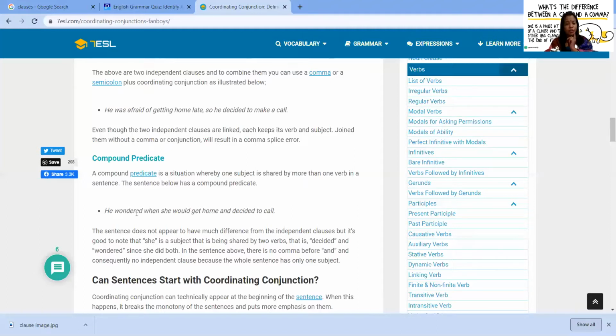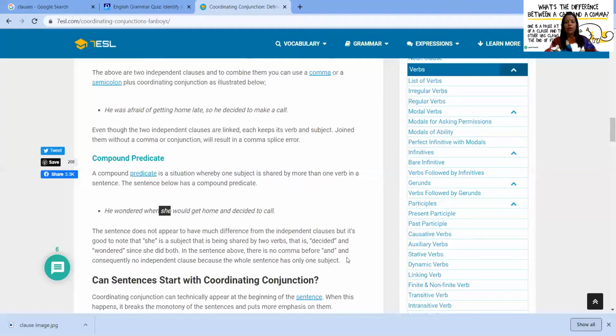The first verb is decided, and the second verb used here is wondered. And the subject is, where is that subject gone? Yes, it's here, she. So this she is the subject, and it is shared by two verbs, that is, decided and wondered.